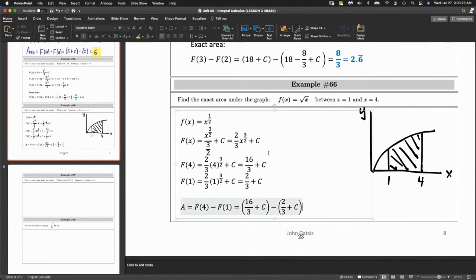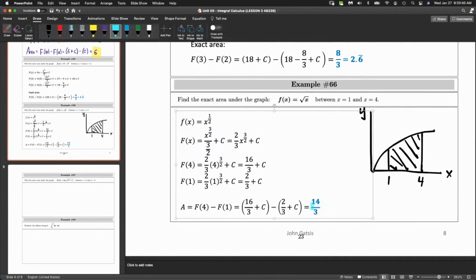You can get rid of the c's. In fact, you can ignore the c here because it's going to cancel. So a lot of people will ignore the c. It's not the best thing to do, but you can do it. So that area is 14 over 3. So this area that I'm going to shade here in blue is 14 over 3.